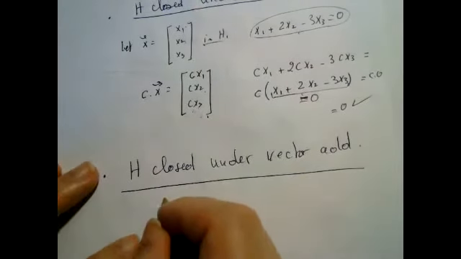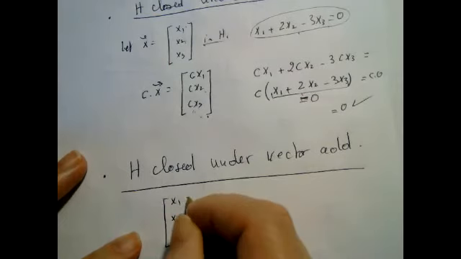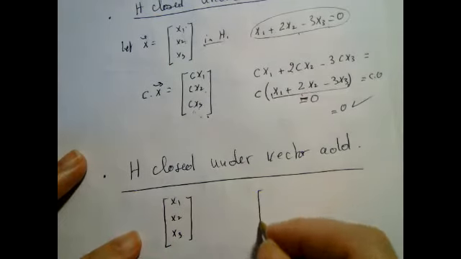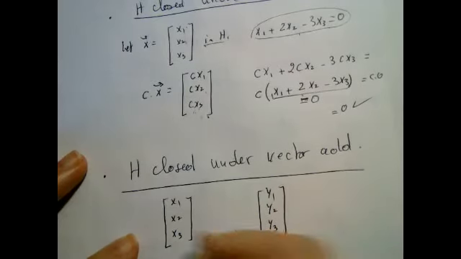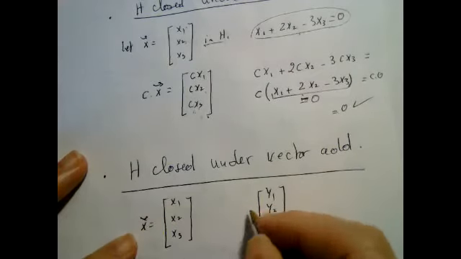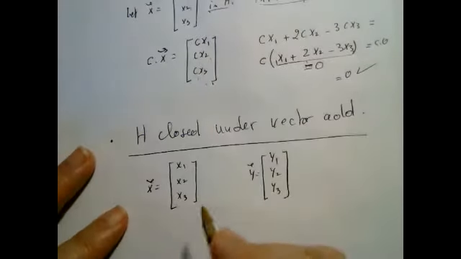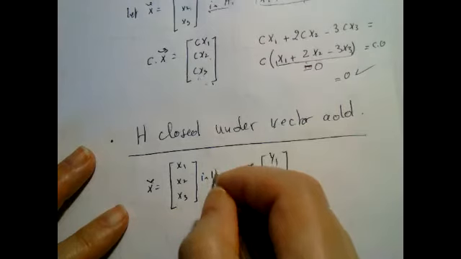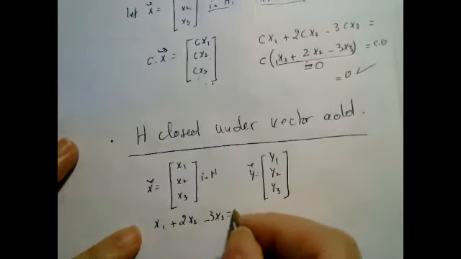So here, I'm starting with x1, x2, x3, a vector in H. And my question is, so that's in H and that's in H. In H means the components are very particular. They satisfy this condition.